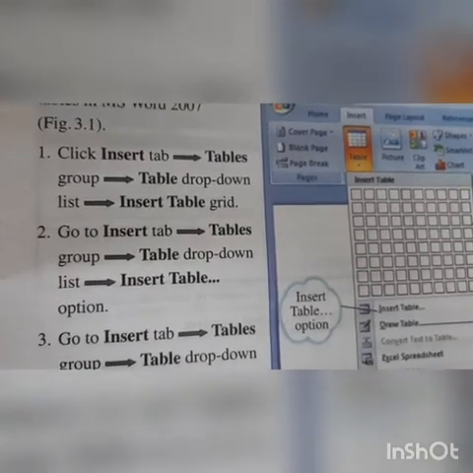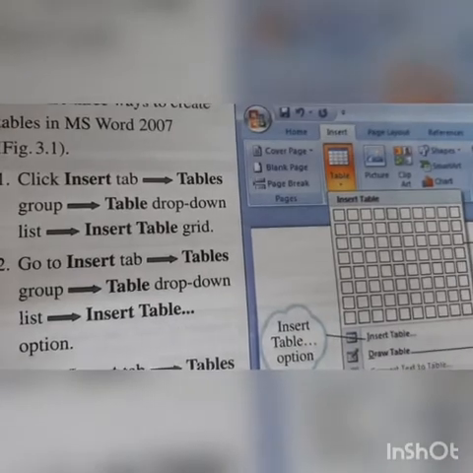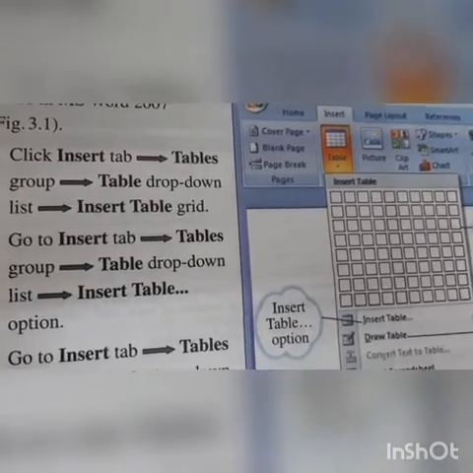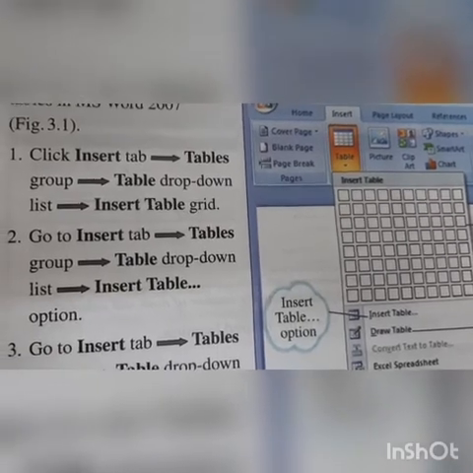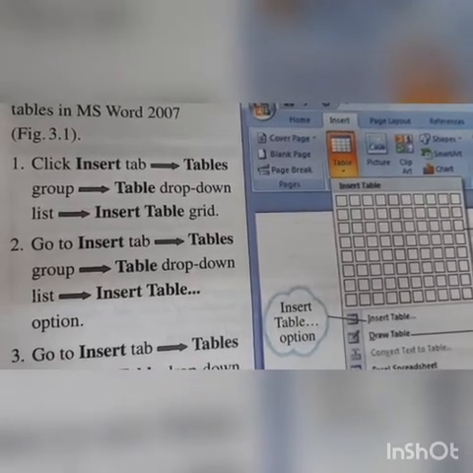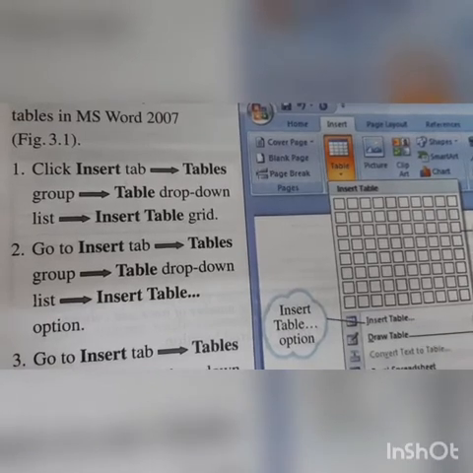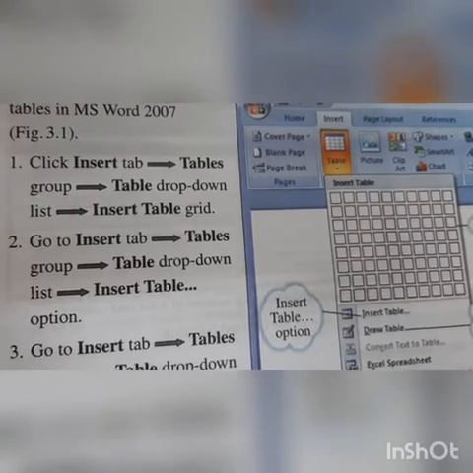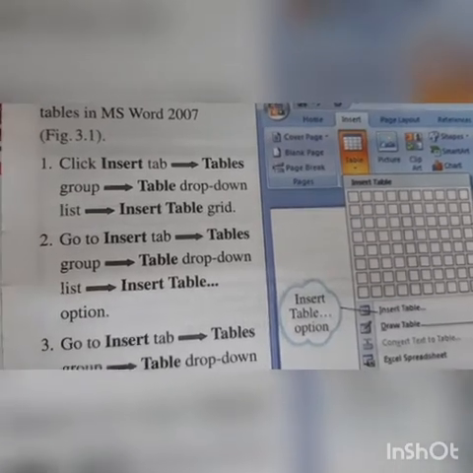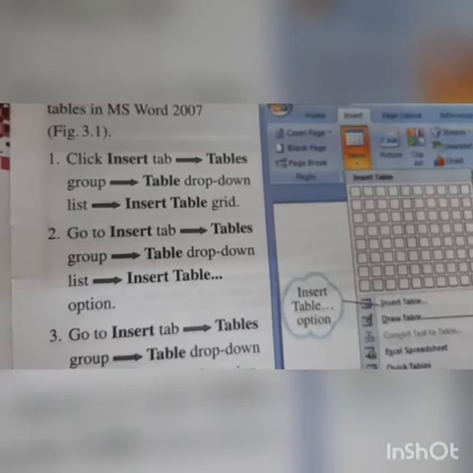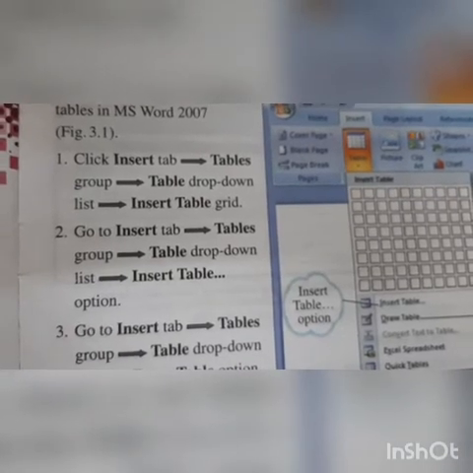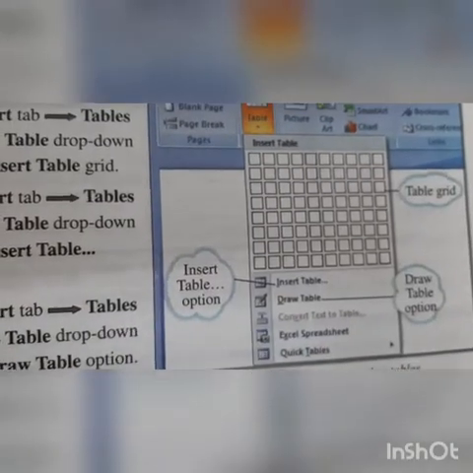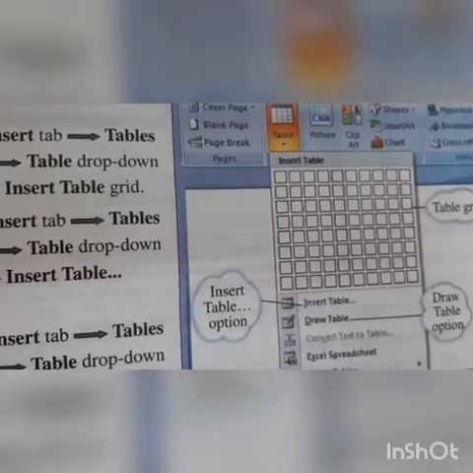As you can see, first we will click on insert tab, then the table option. Go to insert tab, table group, table drop down list. You will see this table grid will open.